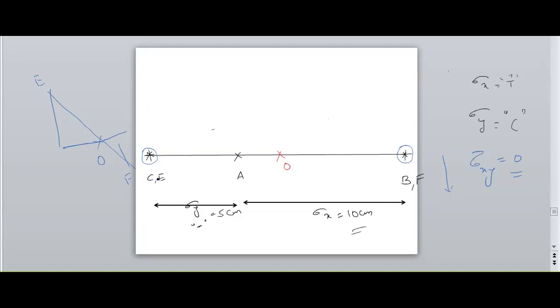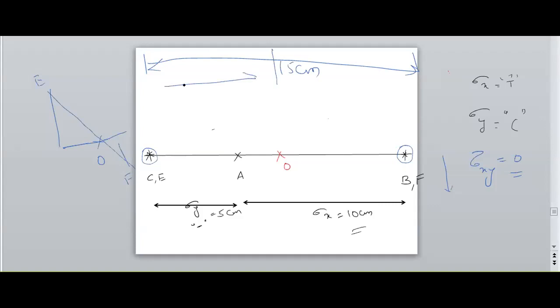Therefore, I need the distance between E and F. Now the distance is 15 centimeters. Now I need the O at the center.